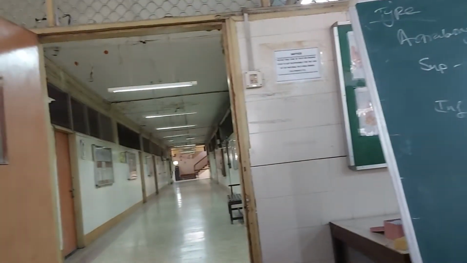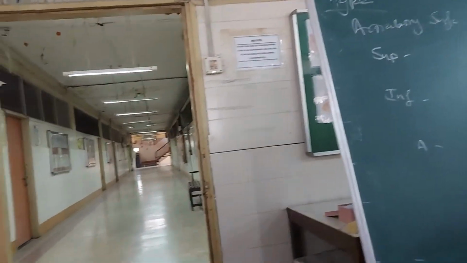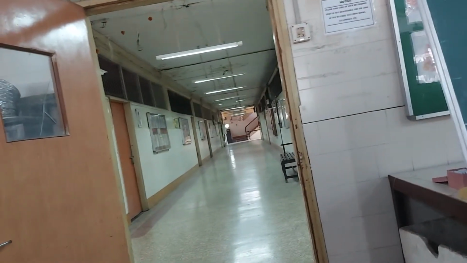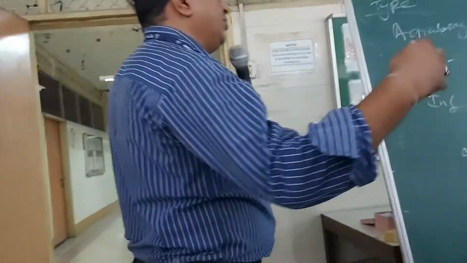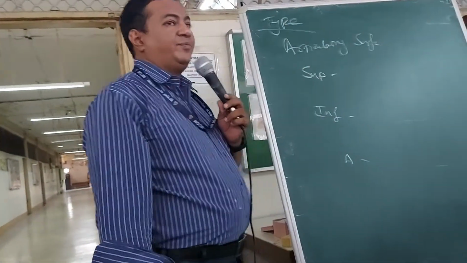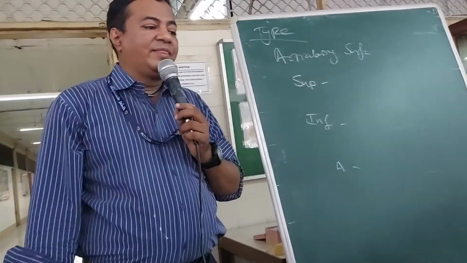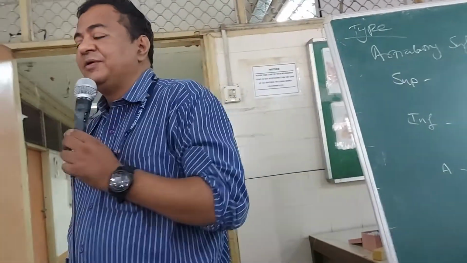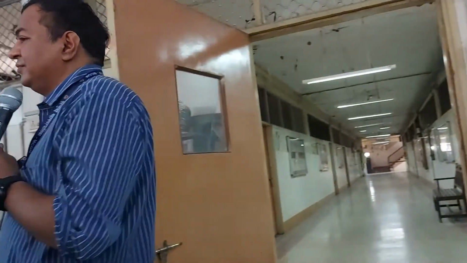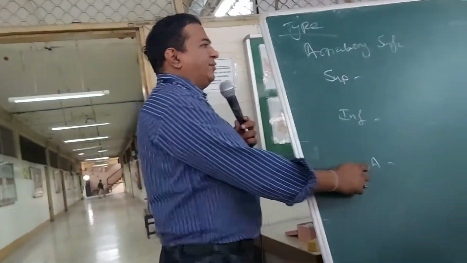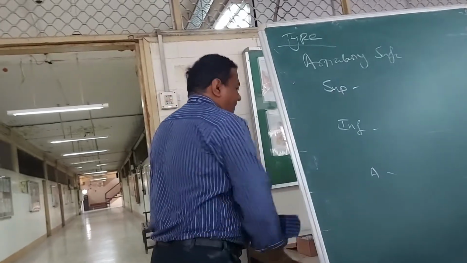Superiorly, the lower surface of the femoral condyles. Inferiorly, upper surface of tibial condyles. And anteriorly, posterior surface of patella. Clear?